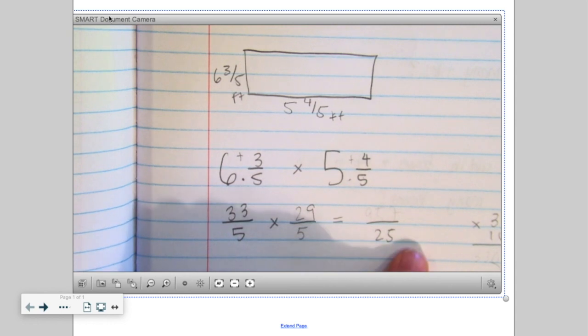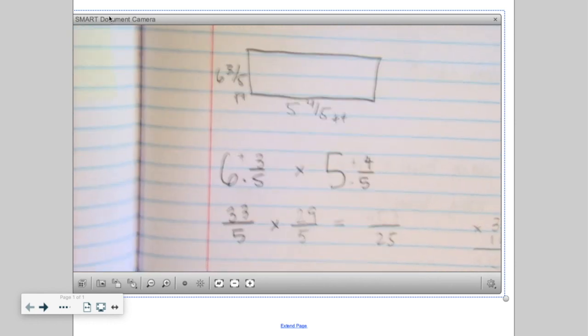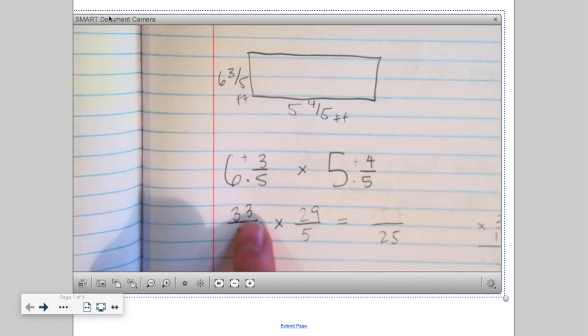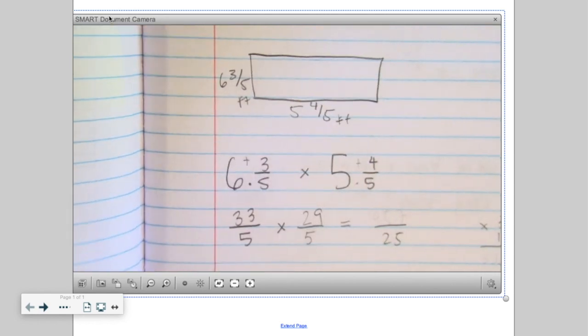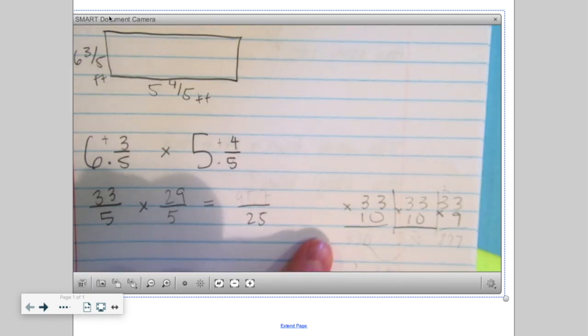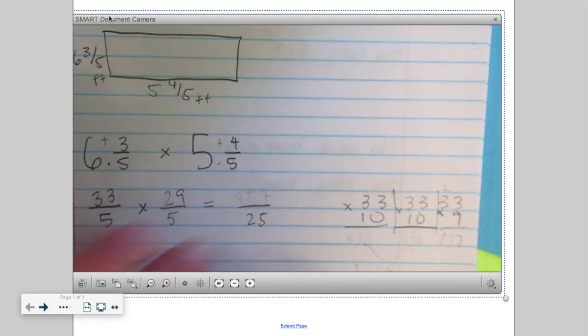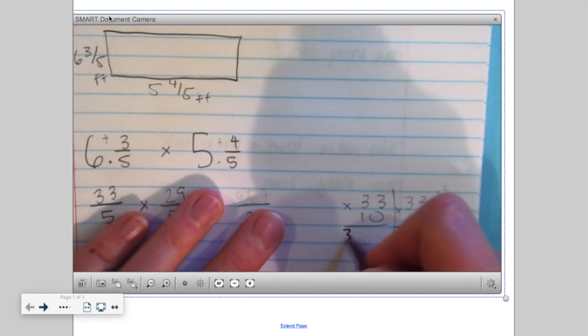I can multiply across the bottom, super simple. My next job as a mathematician is to multiply across the top, 33 times 29. I tried to break down 29, because 29 seemed like an awkward number for me. So I did 10, 10, and 9. So 30 tens, I love working with 10 because all I do is pop a 0 at the end.